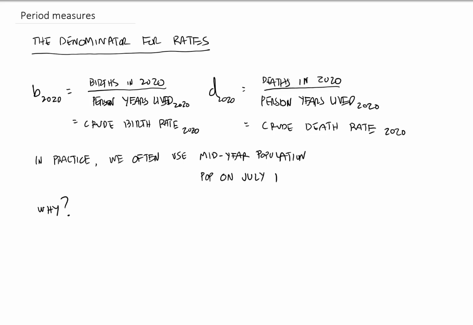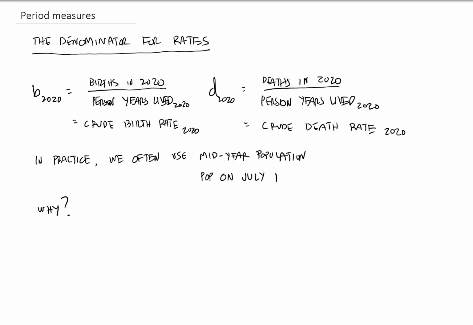So it's person years lived in 2020 that is the denominator. The same thing happens in the crude death rate, our little d in the year 2020. We take the number of deaths that occurred in the year 2020 and we divide it by the person years lived in the year 2020.